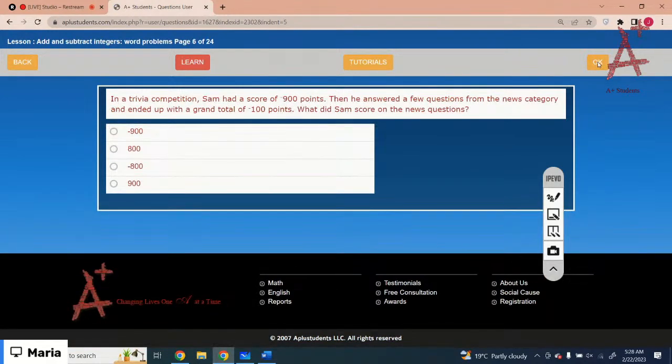In a trivia competition, Sam had a score of negative 900. Then he answered a few questions from the new categories and ended up with a grand total of negative 100. What did Sam score on the new questions?